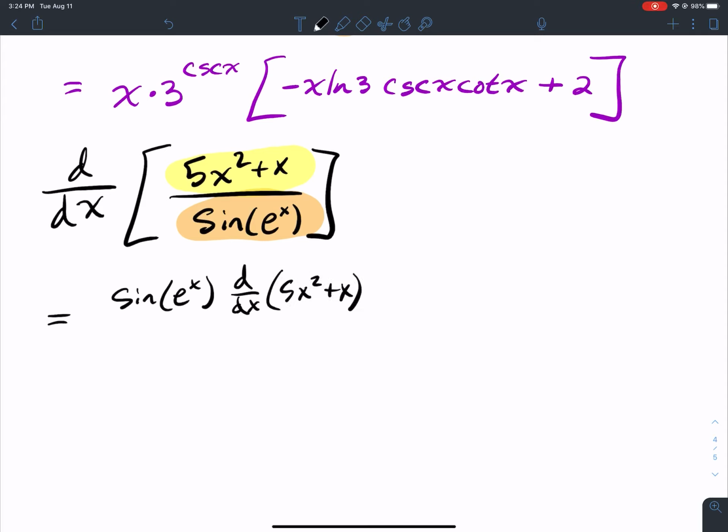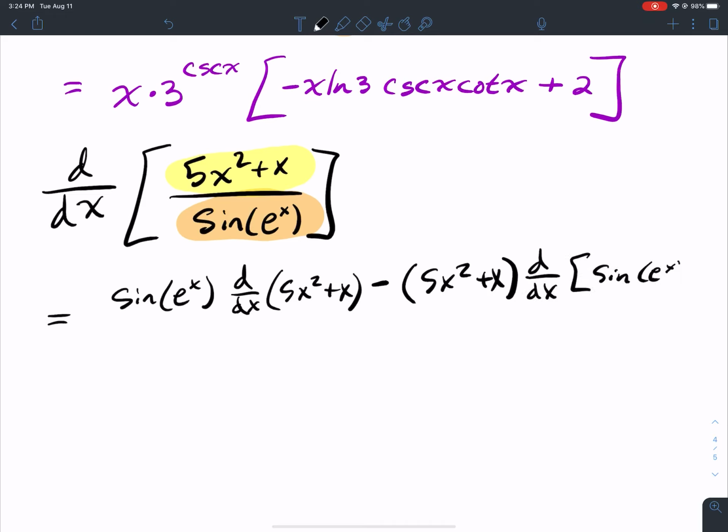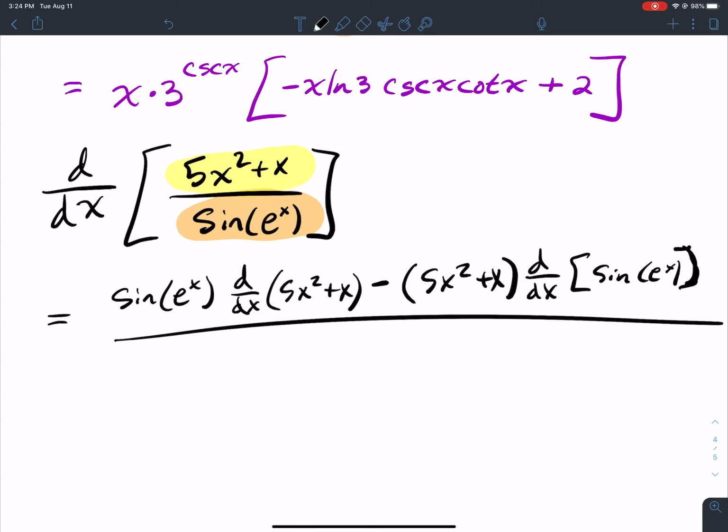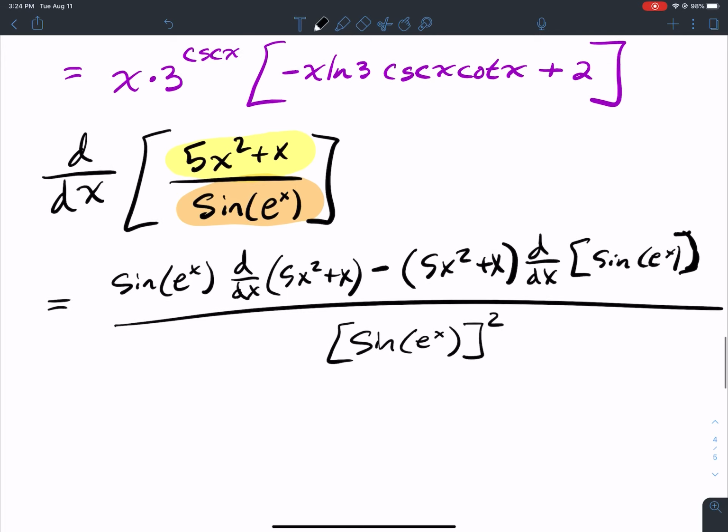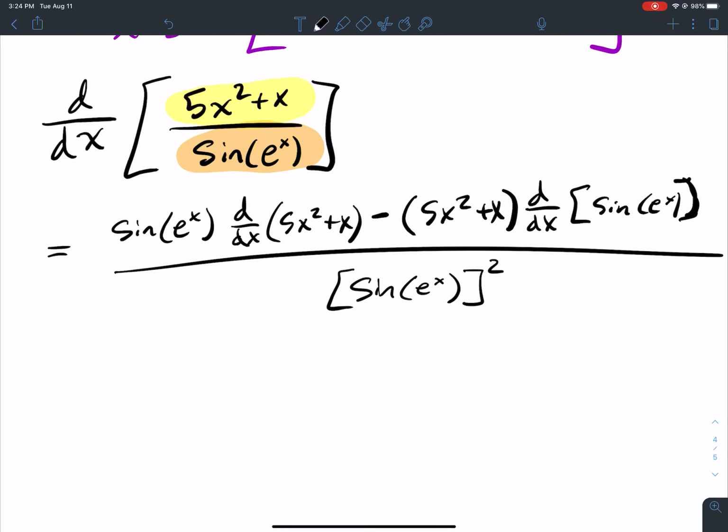Low d high minus high d low, all over the square of what's below or low, so that's sine of e to the x times sine e to the x, or squared, sine squared of e to the x.